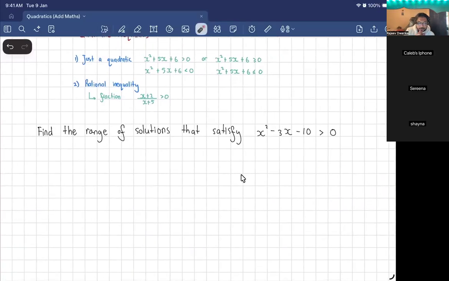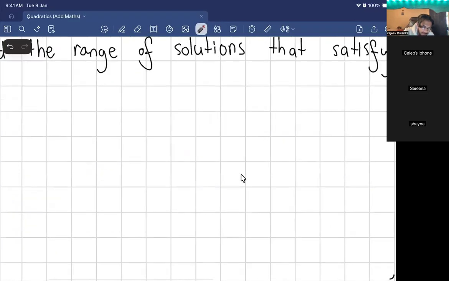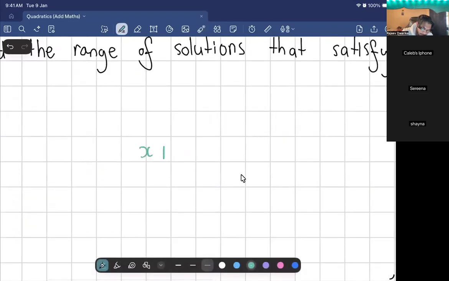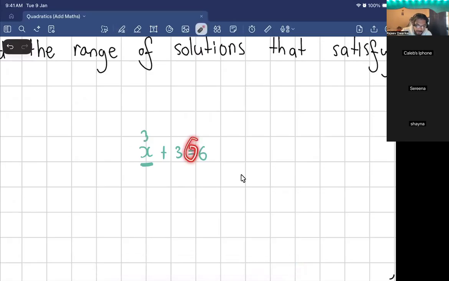All right. So Caleb, when you solve an equation, let's just say you have an equation like x plus 3 is equal to 6. When you solve for it, you find the value that when you plug it in, you get back 6. So just by looking at this, what do you think the answer is? 3. So you understand that if I plug in 3, it would be equal to 6, right?